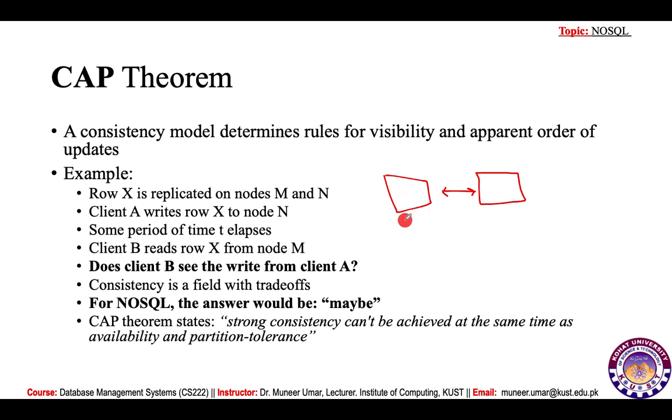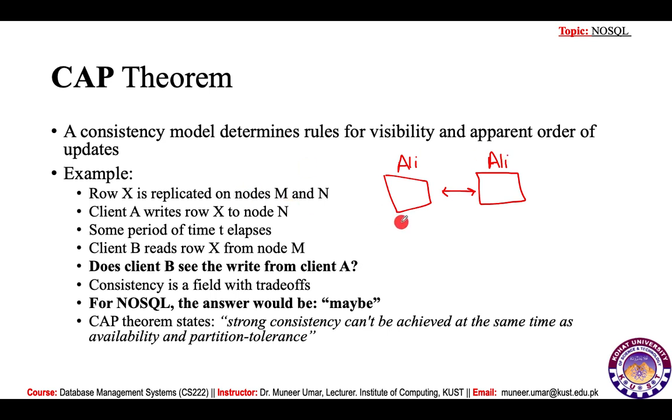Here we have name equal to, let's say, Ali, and on the second system name is equal to Ali. I mean that for a particular item, the name is Ali on both systems. It means that the data is consistent.